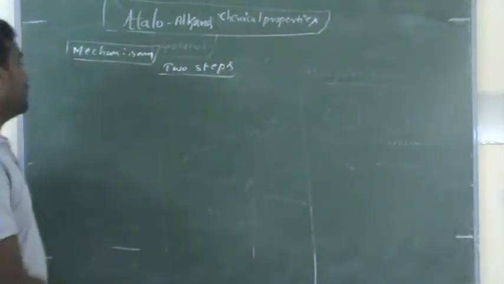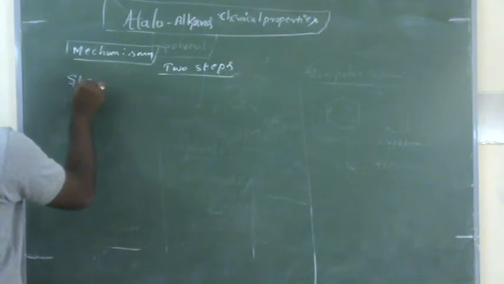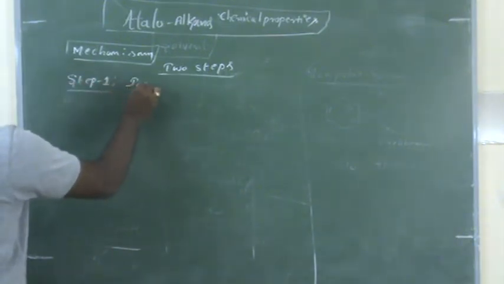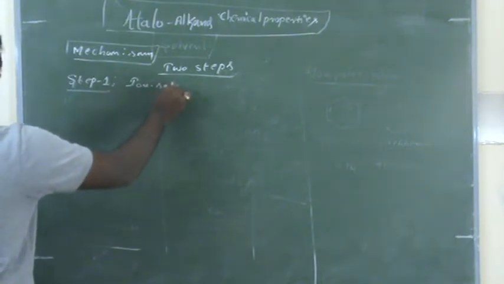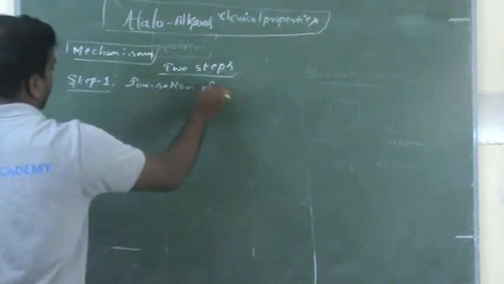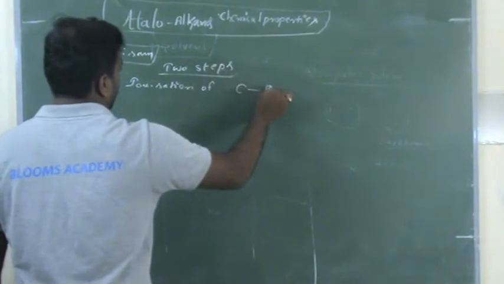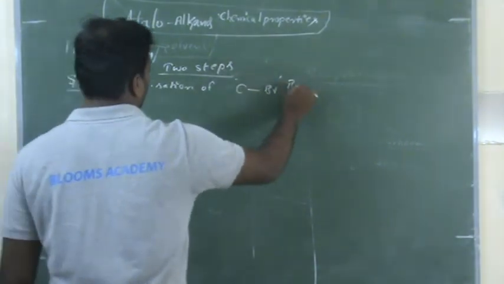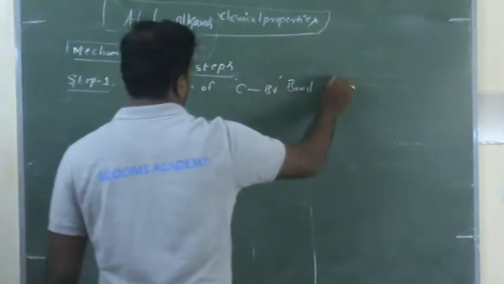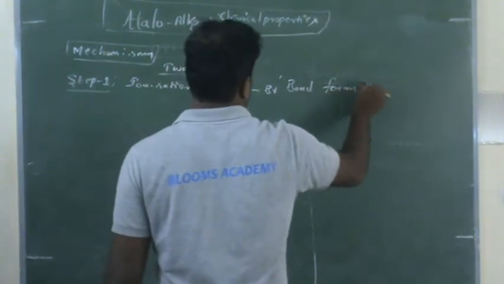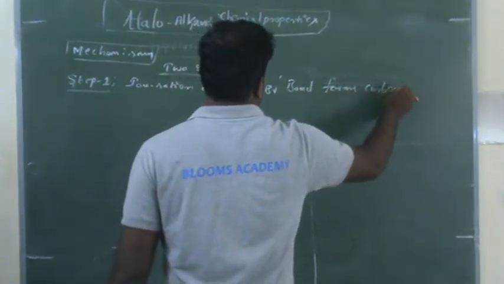Step 1 is ionization of C-Br bond, which forms a carbocation.